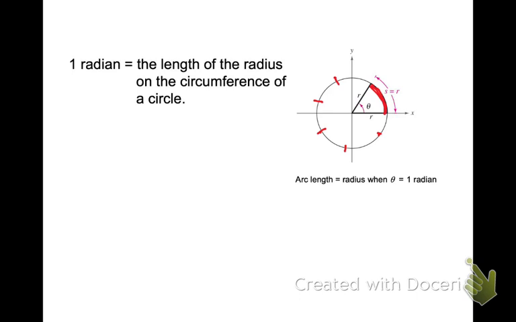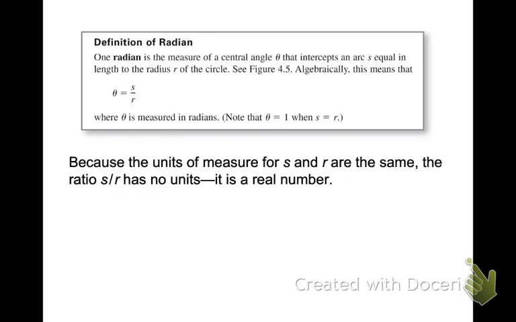Okay. So definition of a radian, this is a book definition, is theta equals S over R. That is the definition of a radian.